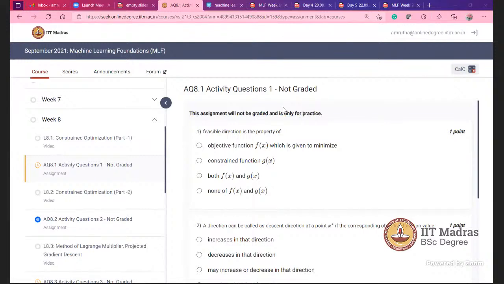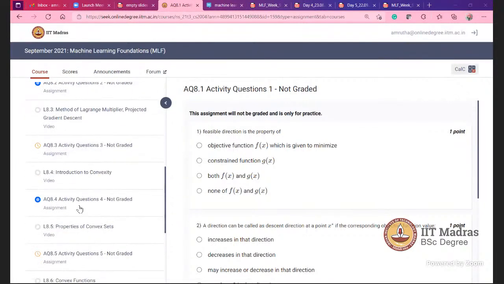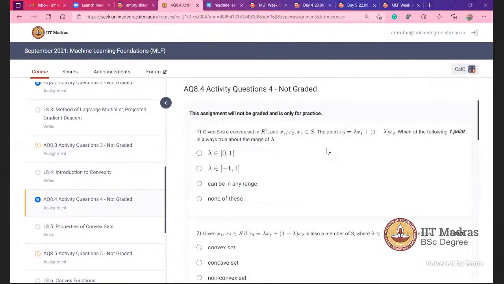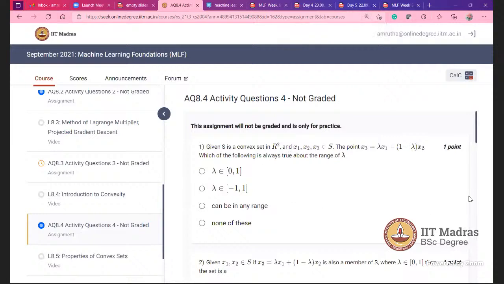Ma'am, 8.4, question number 1. Yeah, tell exactly. According to you, what should be the answer? According to the lecture, the answer should be 0 to 1.